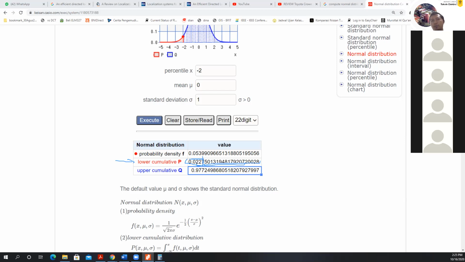This is the standard normal. You can see here the standard normal graph is like this. The mean is 0, and you can see here the random variable always goes from minus infinity to positive infinity.